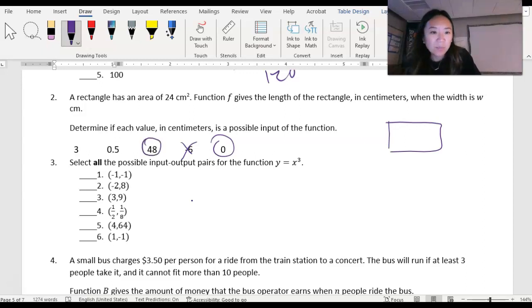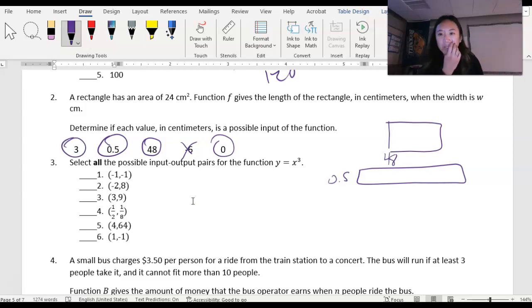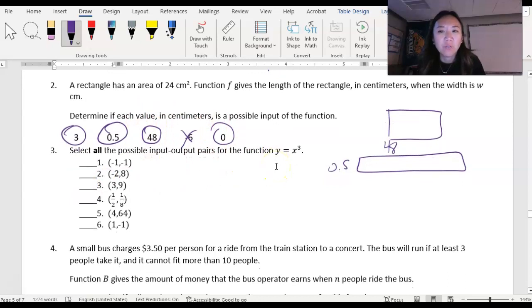So that is possible if we have a very skinny rectangle of 0.5 times 48. Same thing, 0.5 would, on one side, give us a very skinny side and one very long side. And then the other is 3. And so if we had 3 times 8, we could have 24. That would work as a function of our rectangle.